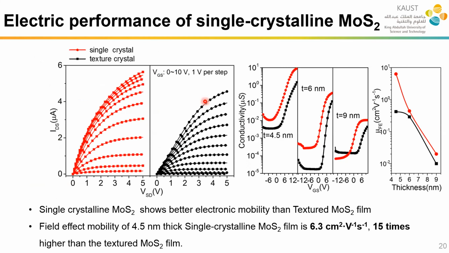Also, we compared the textured molysulfide and the single crystal molysulfide. Of course, single crystal has relatively higher mobility and better performance, but for the thicker film the performance is not as good. It's a little worse than the thinner one.